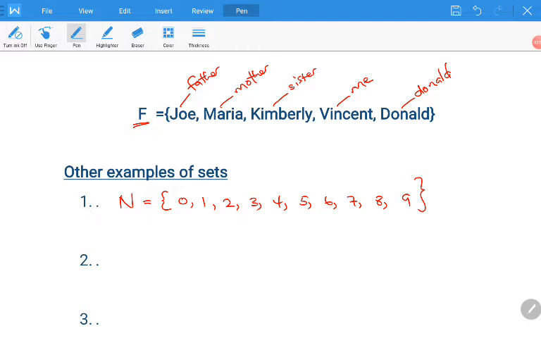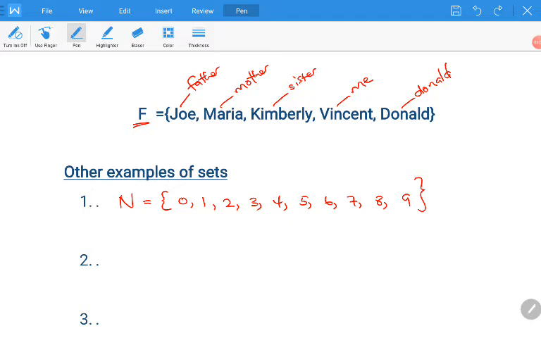So suppose you miss this comma, one might read this element as 23. So you should make sure that every element of the set is distinguished from each other using a comma.